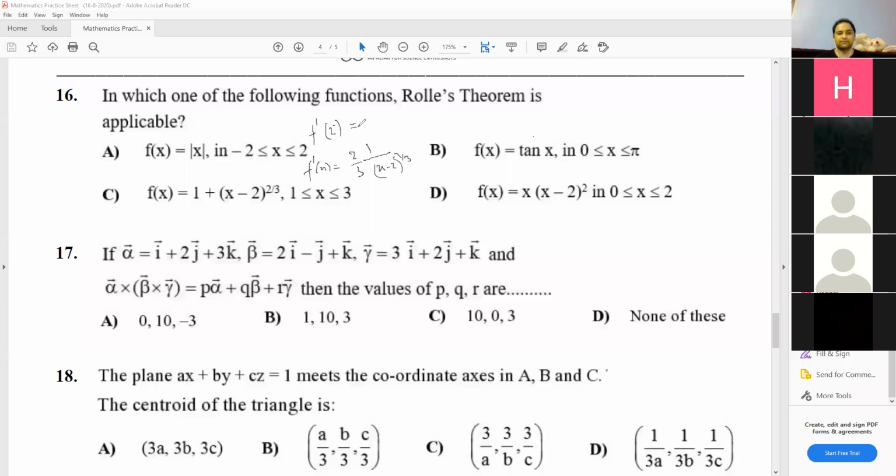Minus infinity, infinity, so the limit does not exist. Understood? Because the limit does not exist, the function is non-differentiable. So that's why C will not be there, and D is a polynomial, and all polynomials are always continuous and differentiable everywhere.